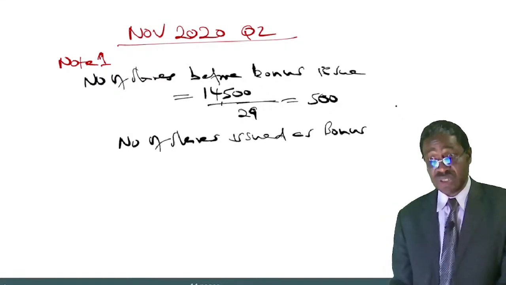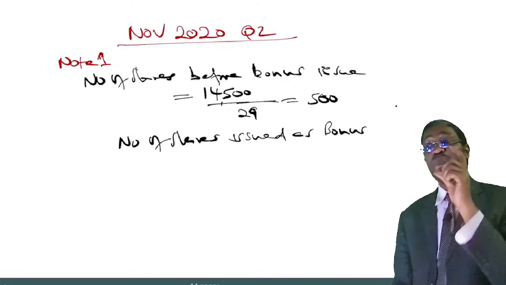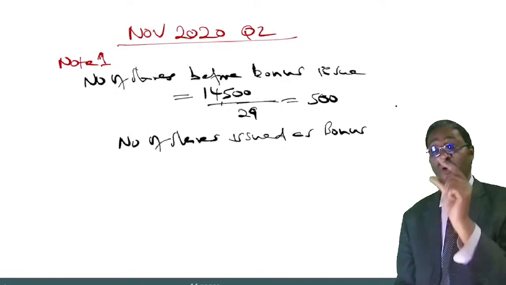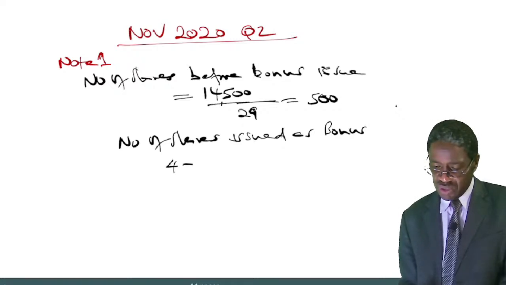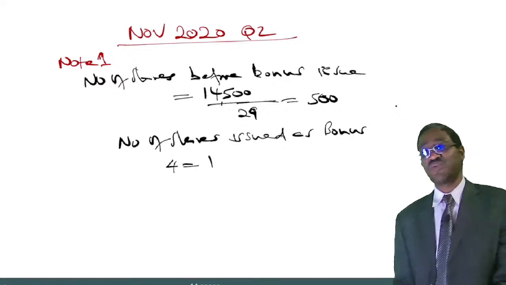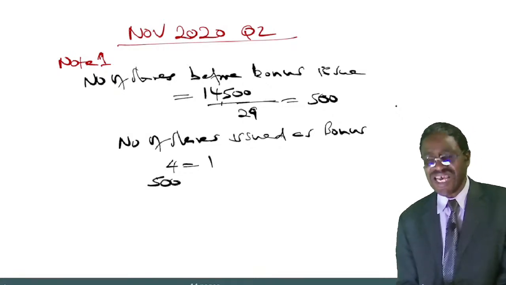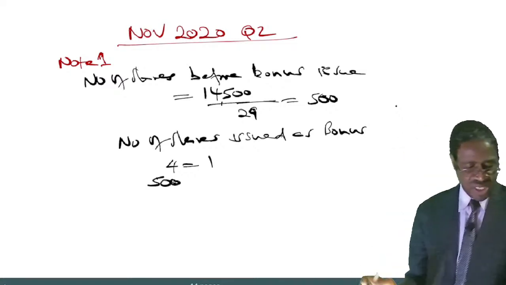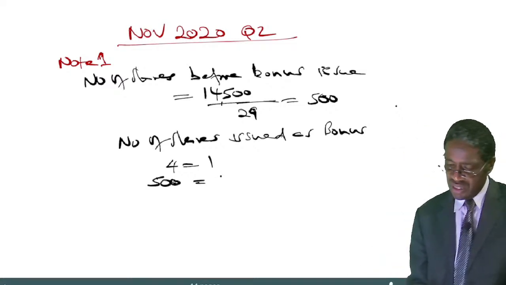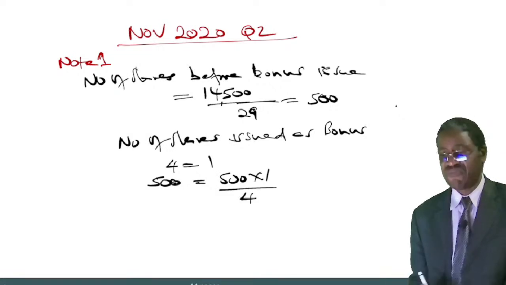They have told us these existing shareholders were given the privilege of owning 1 more share for free for every 4. For every 4, they were getting 1 for free. What about for the 500,000 shares? Our figures are in thousands, so we can just maintain it as 500. This will be 500 times 1, divided by 4.